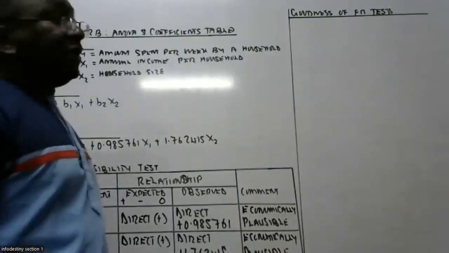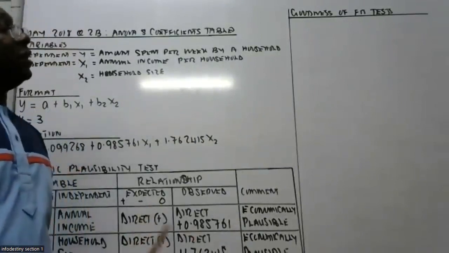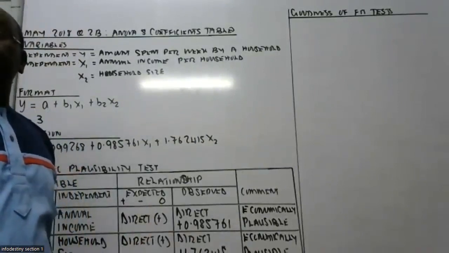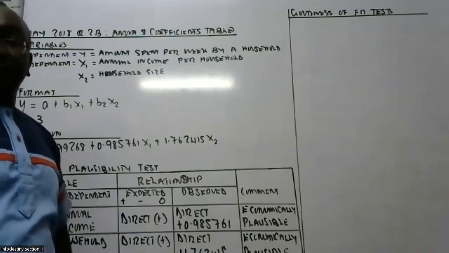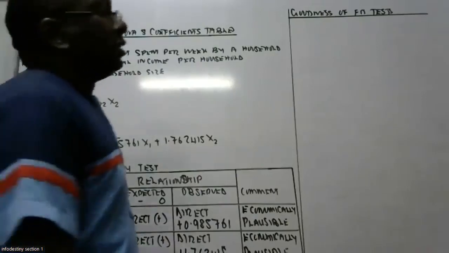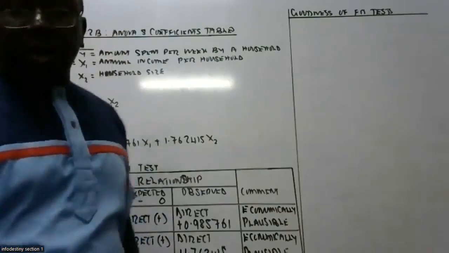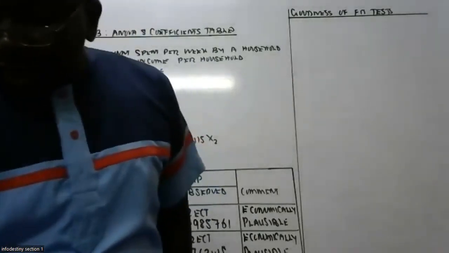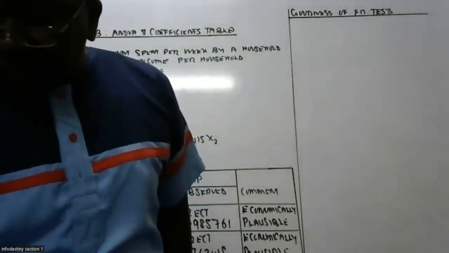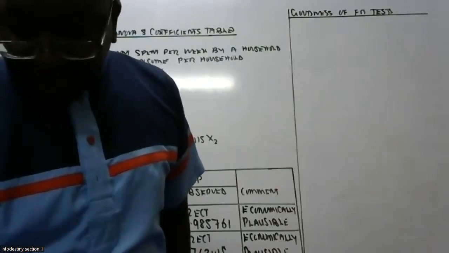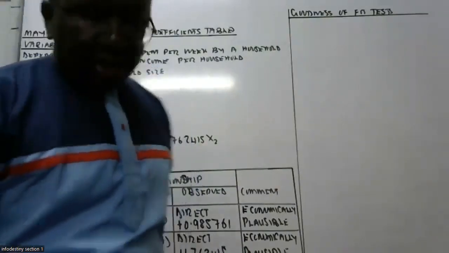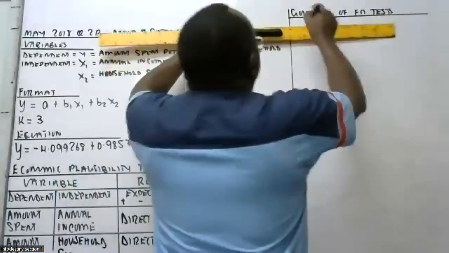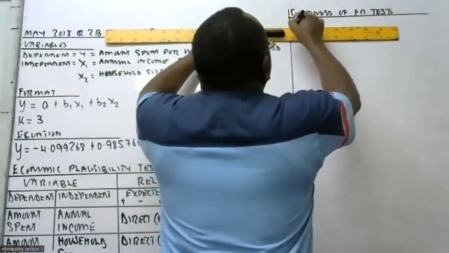Now, in the goodness of fit tests, we have 6 of them. So the first one is R squared. Now, the question has not given us, but we are already given.